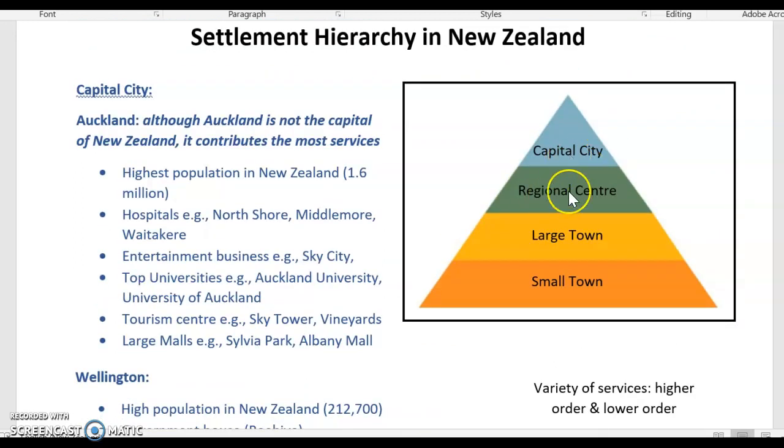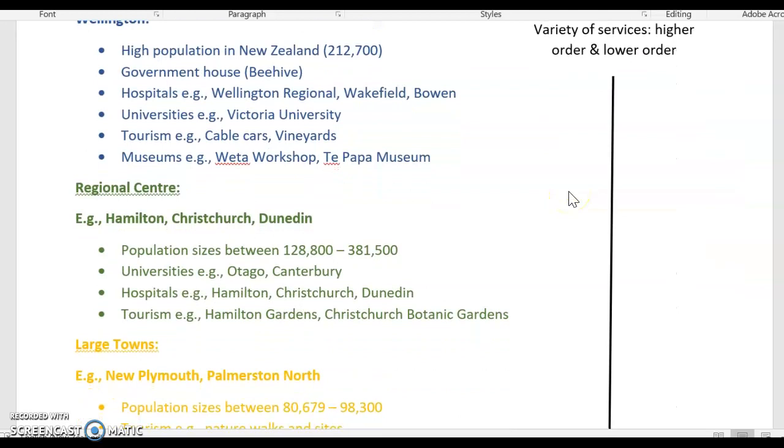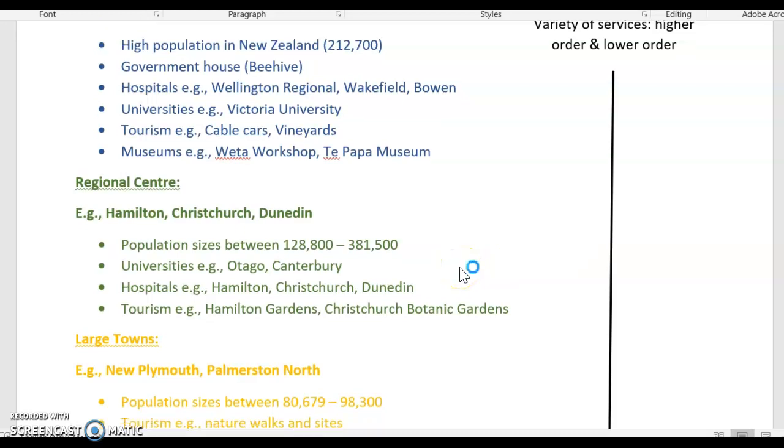Then you can see regional city with the green. We would consider these Hamilton, Christchurch and Dunedin areas, where they are very much the key city for that region and have some sort of connection to national importance as well. Those three cities are very much part of the regional centre.